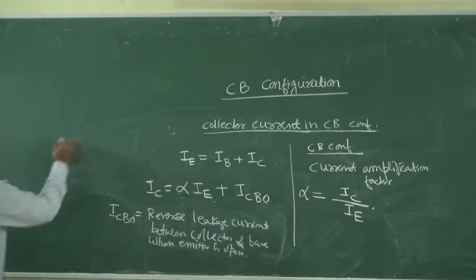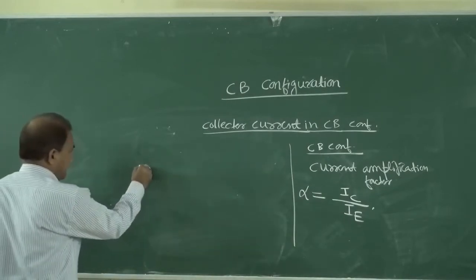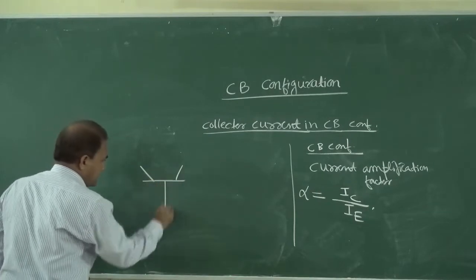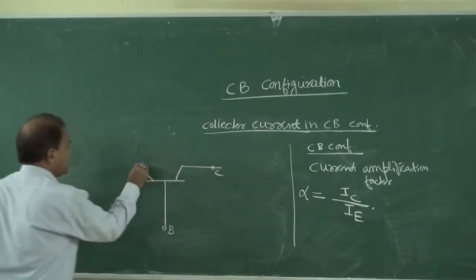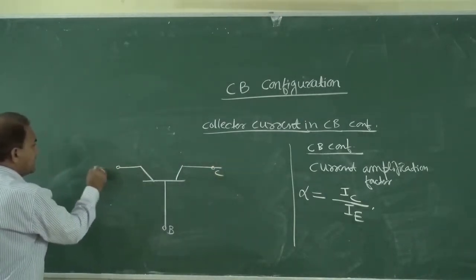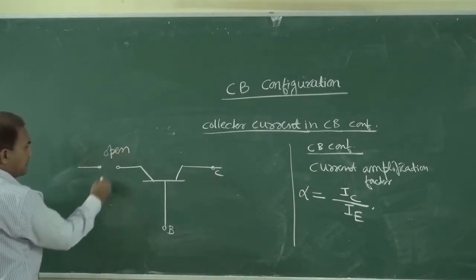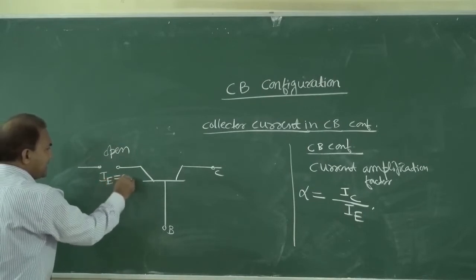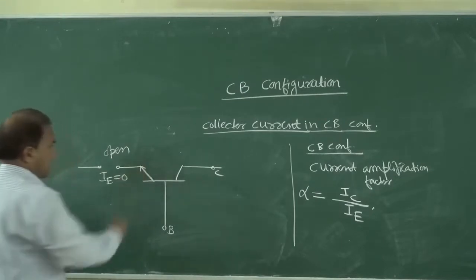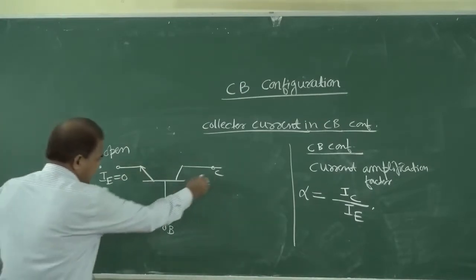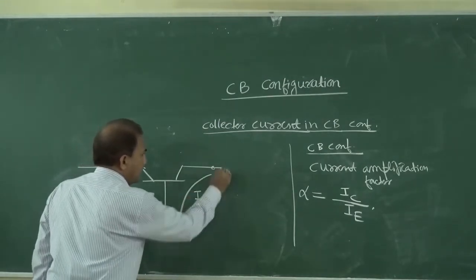Okay, so we can draw a figure like this. Suppose this is the base terminal, this is the collector terminal, and this is the emitter terminal. Suppose this is open. If it is open, then IE is equal to 0, and then it is ICBO.